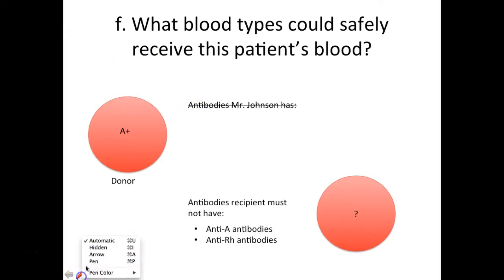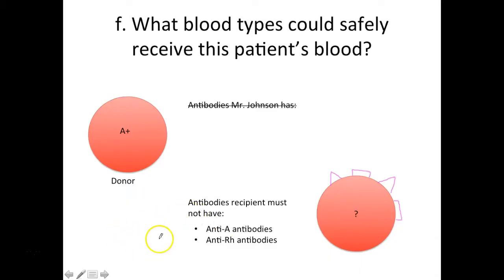But anyway, we are left with having our A antigens and our Rh factor. Okay, we have to have those so that we don't create these anti-A antibodies and anti-Rh antibodies.